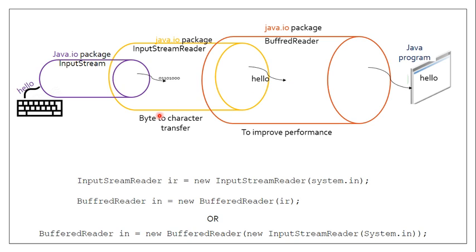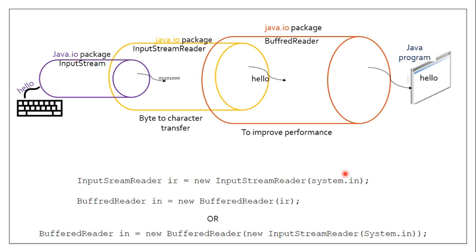Now try to understand the different ways of doing the same thing in the coding. Try to understand this line. System.in is directly reading the data from the keyboard. It is directly connected to the keyboard; you don't have to explicitly connect to the keyboard.